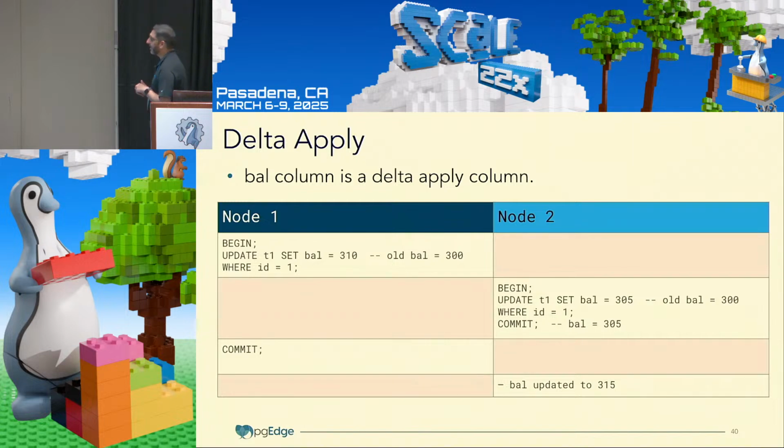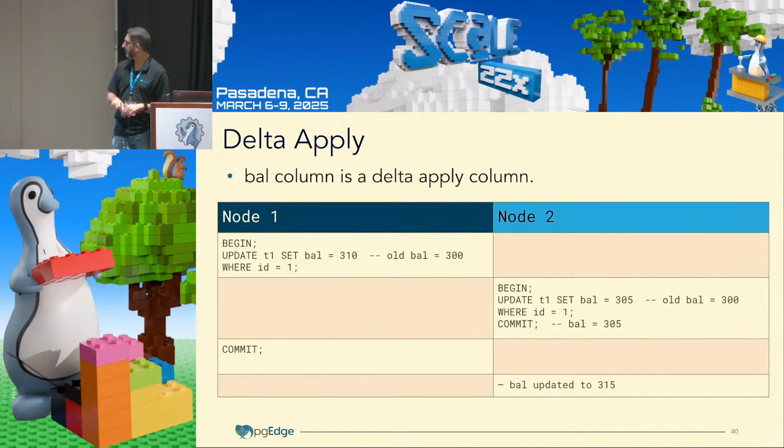This is how delta apply works. Essentially, delta apply avoids conflicts by taking the old value and the new value of a column, taking the differential of that and applying that change. So if you look at node 1, it has a value of 300, and it wants to update it to 310. That's a delta of 10.